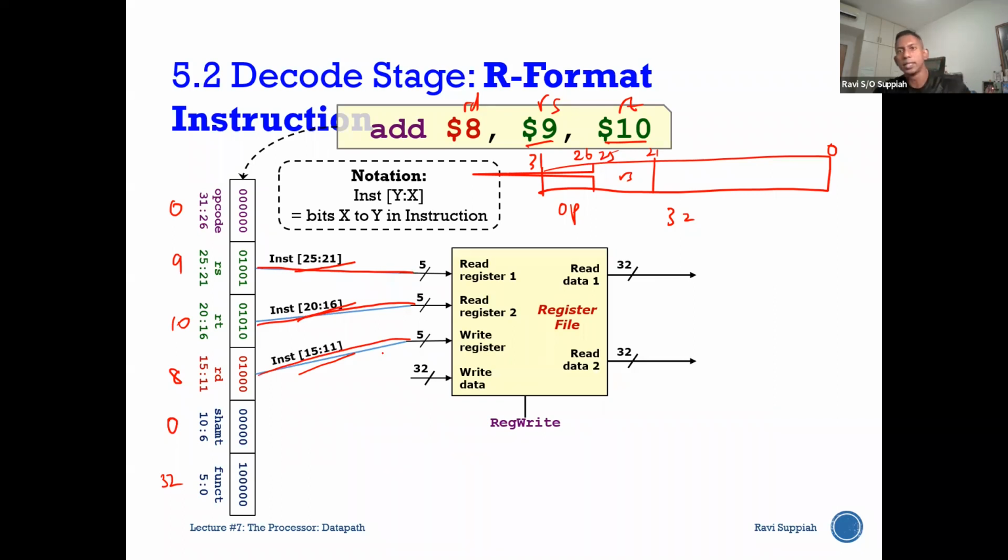That means once the 32-bit instruction comes out of your instruction memory, the values in these bit positions will immediately get connected to read register 1, read register 2, and write register of the register file.